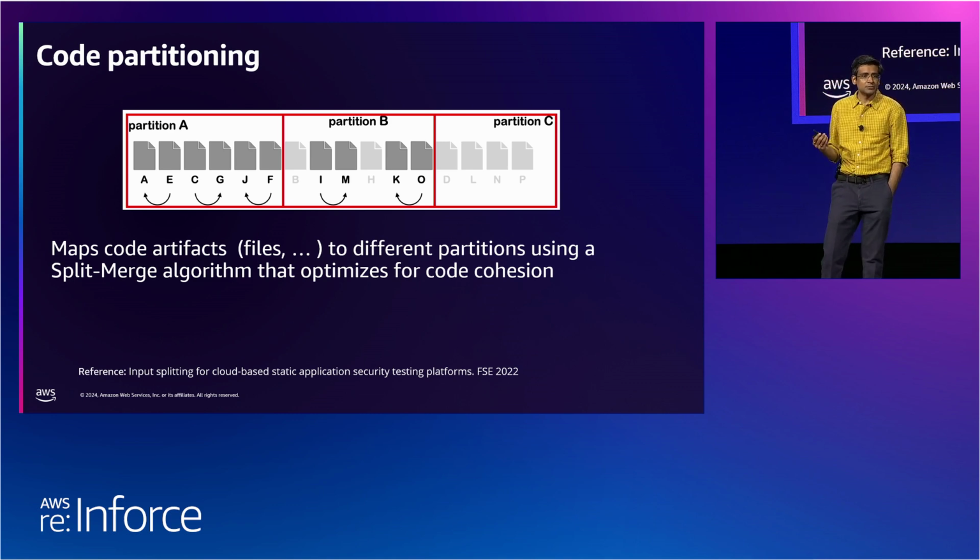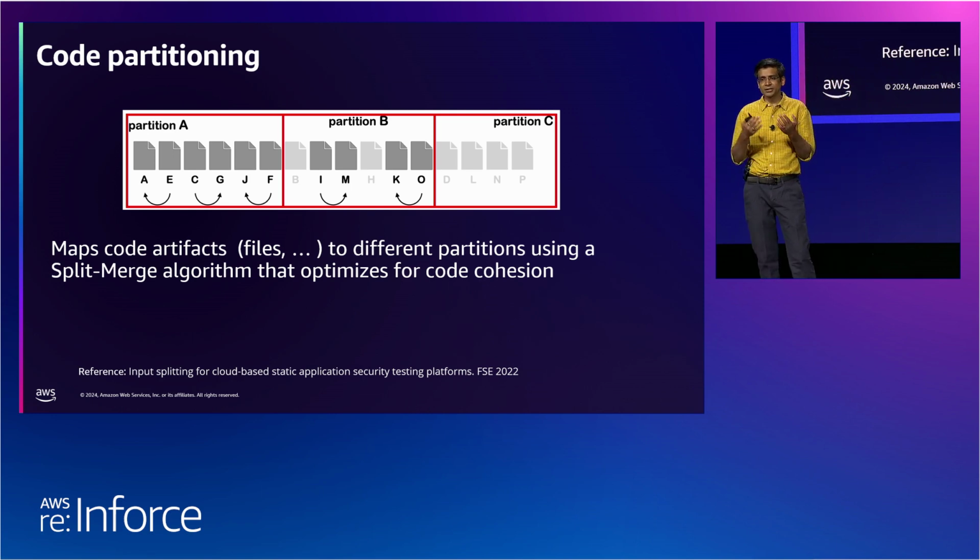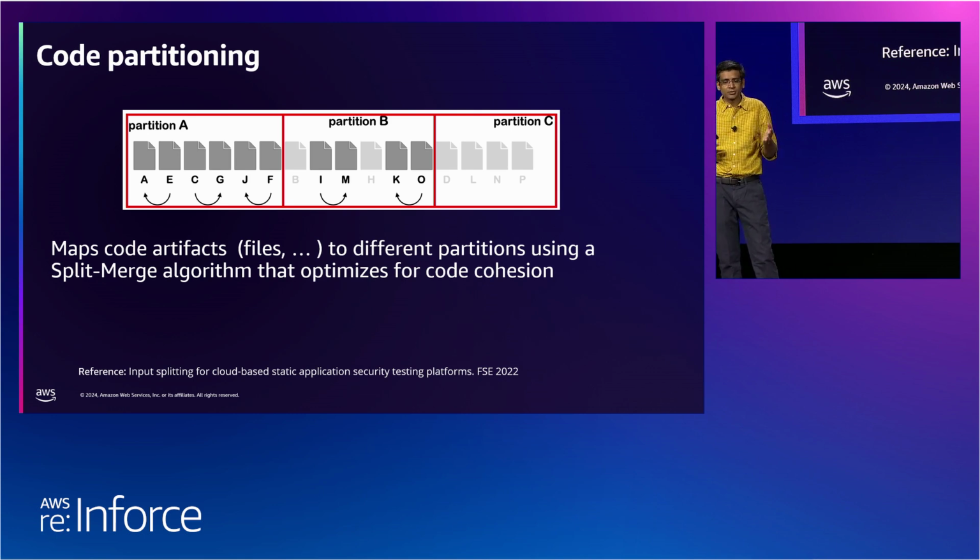This partitioning algorithm starts by mapping all the code artifacts, including the files or the classes, to different partitions, and then incrementally it combines the partitions that have a high code cohesion. In this way, the partitions that we obtain at the end of our analysis include code artifacts that are dependent on each other in the same partition, whereas artifacts that are independent of each other can be analyzed in parallel. They're mapped to different partitions.